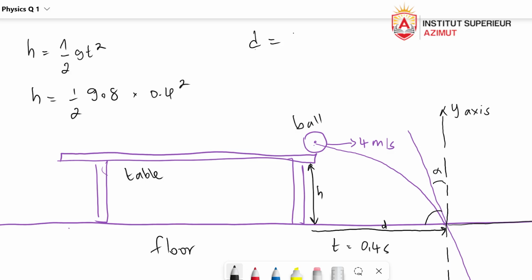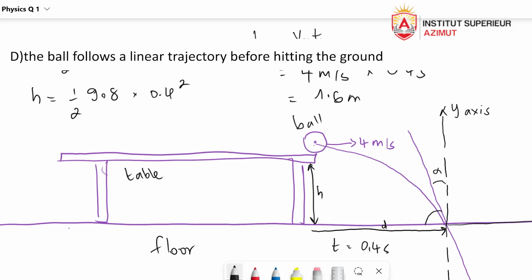Distance is speed times time. Everyone knows that. So we have the speed in the x direction times the time for the whole journey. So we have 4 meters per second times 0.4 seconds. When you compute this, you have 1.6 meters. So C is correct. So at this point, we could just move on to the next question.